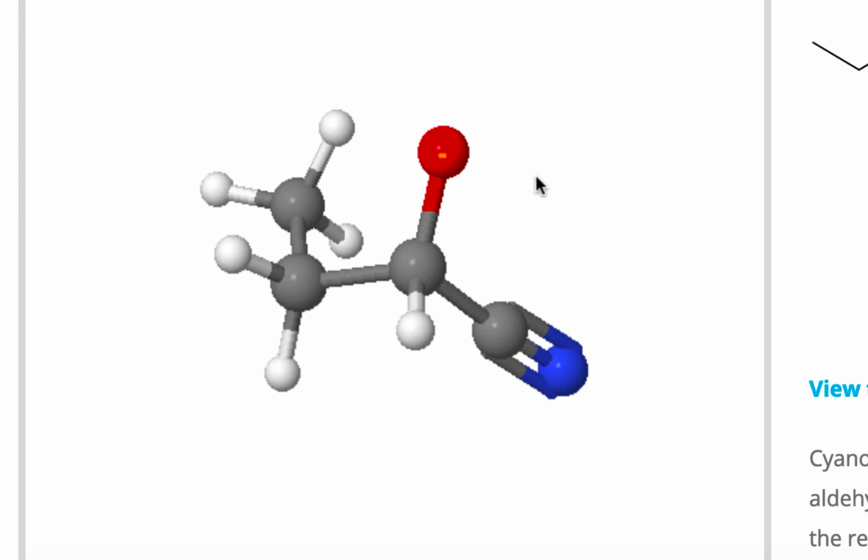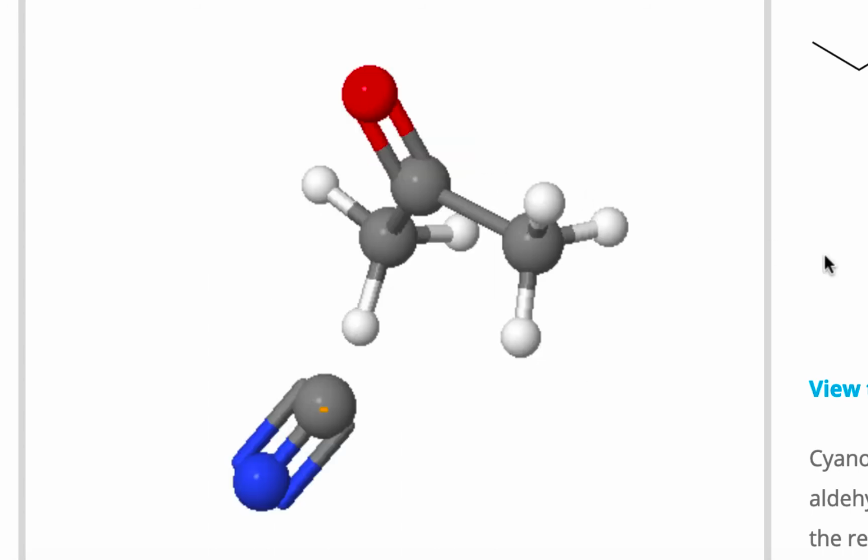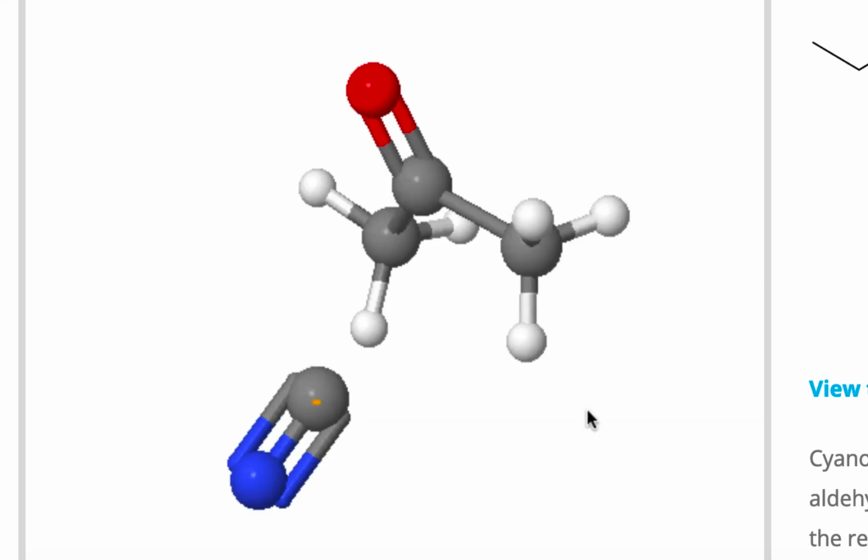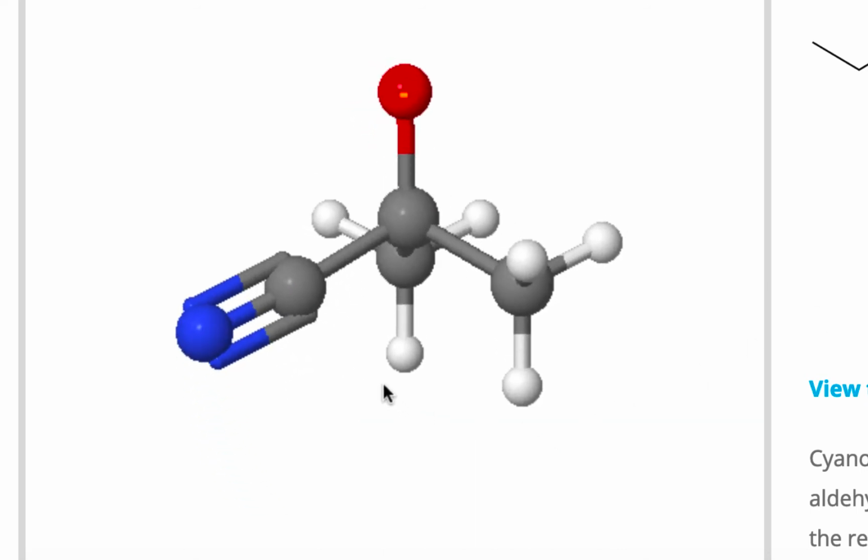Now let's look at the second one with the ketone. So here's the ketone, and here comes the cyanide forming that bond to that carbon and pushing electrons up to the oxygen. One more time. And now we've formed the carbon-carbon bond and pushed the electrons up to the oxygen.